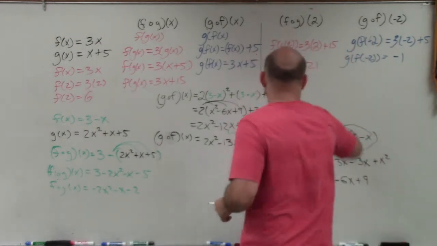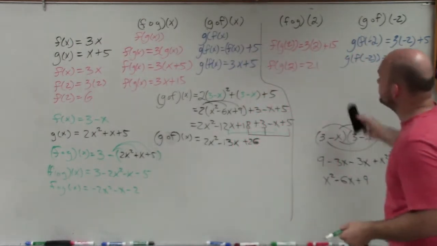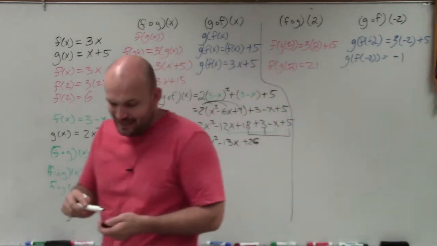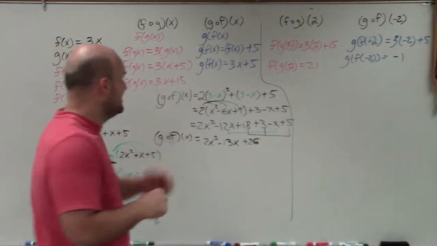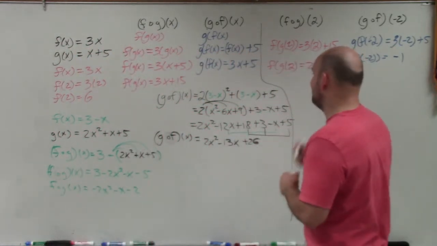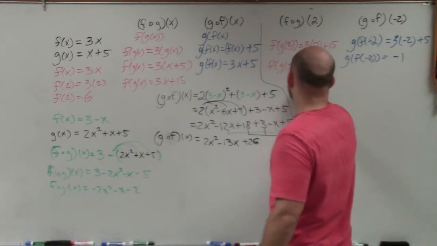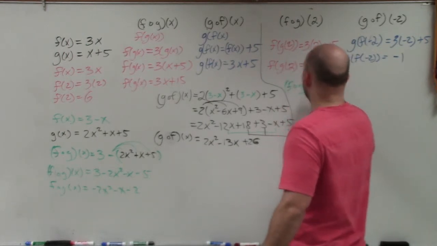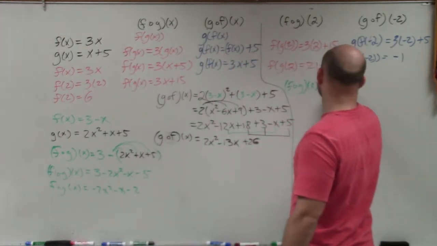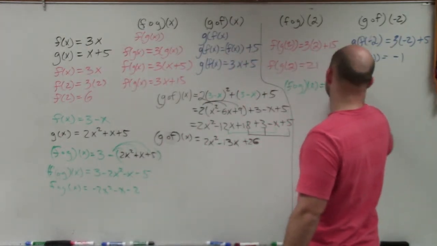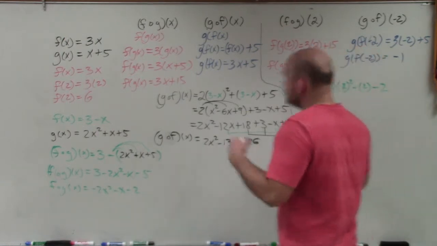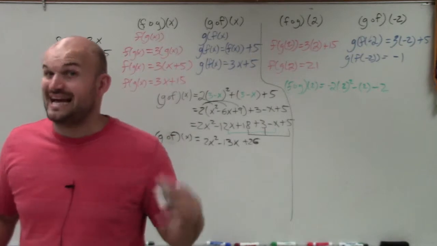So now let's go ahead and evaluate. The nice thing about evaluating is we don't have to do all that math again. All we need to do is plug those numbers into the functions now, right? So in this one, f of g of 2, all we're going to do is plug in 2 for our x. So that equals negative 2 times 2 squared minus 2 minus 2. Just notice whenever I plugged in a value for x, I used parentheses.